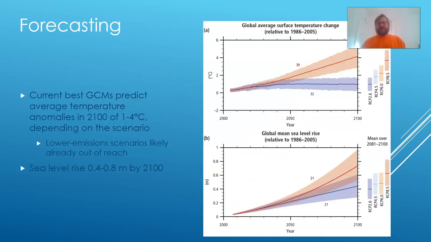Okay, so we've got these different scenarios, and we can now plug them into our GCMs that have been validated through hindcasting and see what they tell us would happen in the future under these different scenarios. So our current GCMs, our best ones, predict our average temperature anomaly in 2100 will be somewhere between 1 and 4 degrees Celsius.